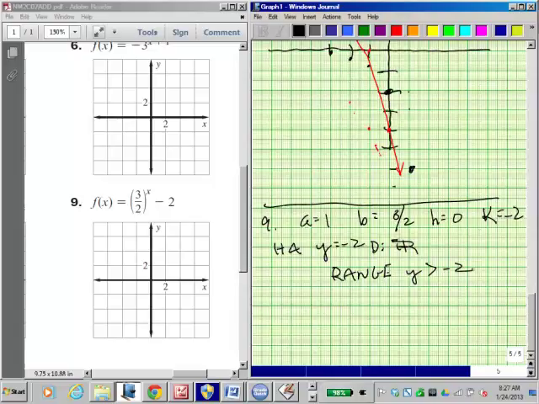Okay, we make the table. Now I'm just going to do 3/2 to the x. So -3, -2, -1, 0, 1, 2, 3. 3/2 to the -3rd is 8 over 27.